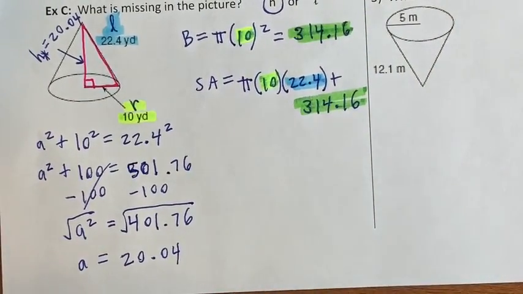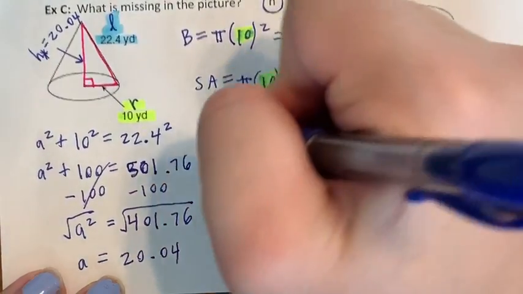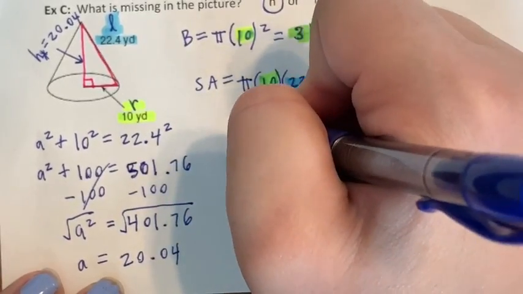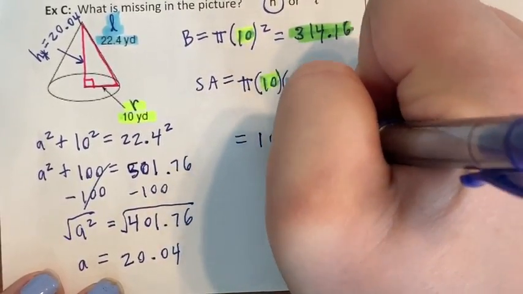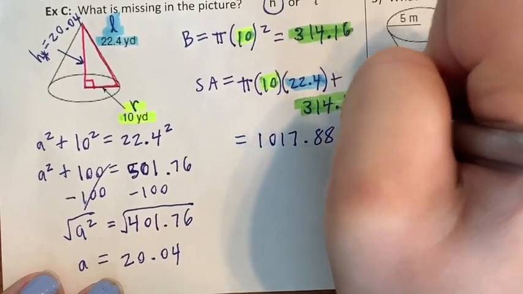So then I can do that whole piece in my calculator. And when I do that for surface area, I get 1,017.88 square yards.